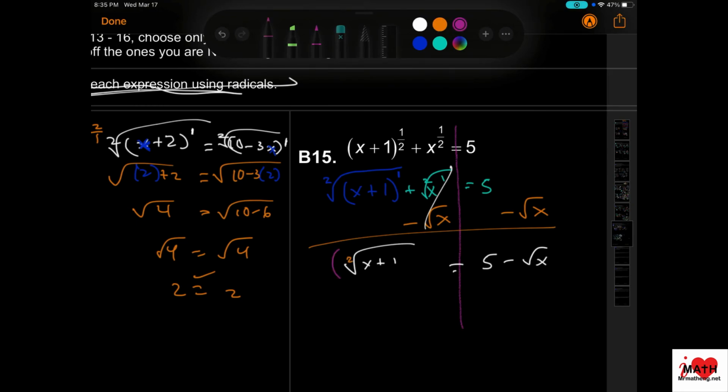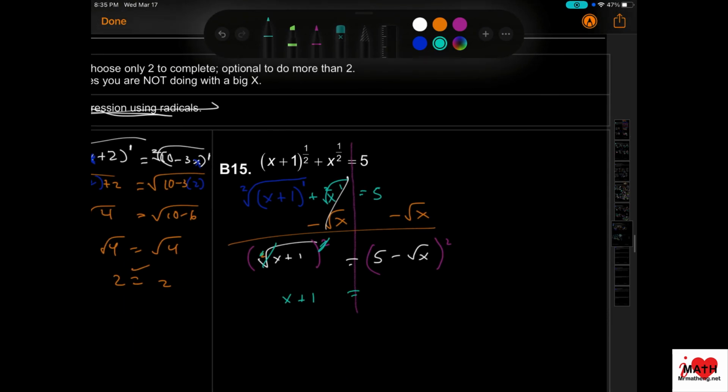So if I square this here, on the left side, the power of 2 and the index and the radical sign cancel, so you're left with x plus 1. On this side, you have 5 minus the square root of x, but you have 2 of them. That's what the set of parentheses is telling you. You have 2 of them.